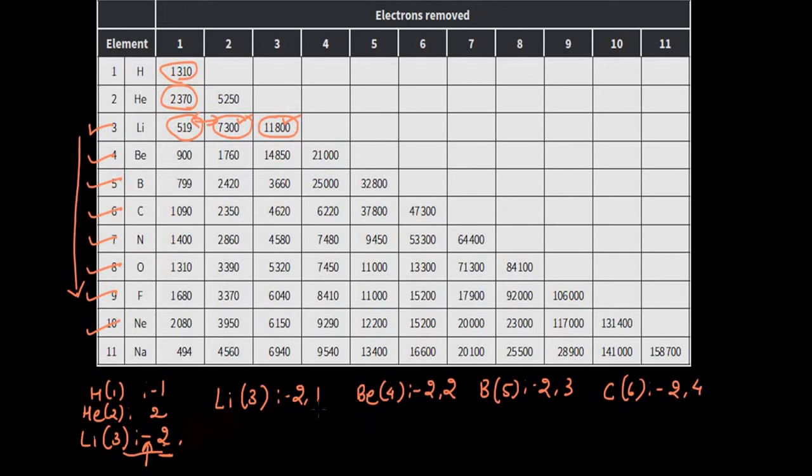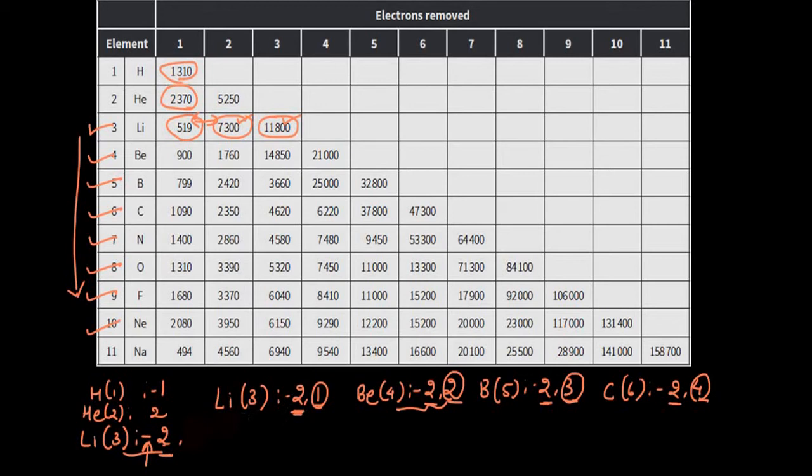So we can see that the electron added with each successive element is added in the same second shell, because all these elements belong to the second period. That shows that the distance of the outer electron from the nucleus remains reasonably the same, and the shielding effect, that is the inner 2 electrons, also remains constant along the period.